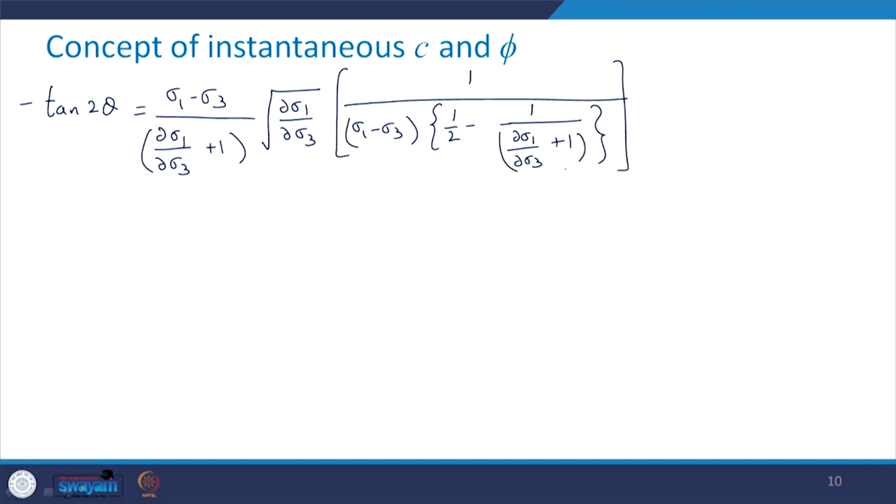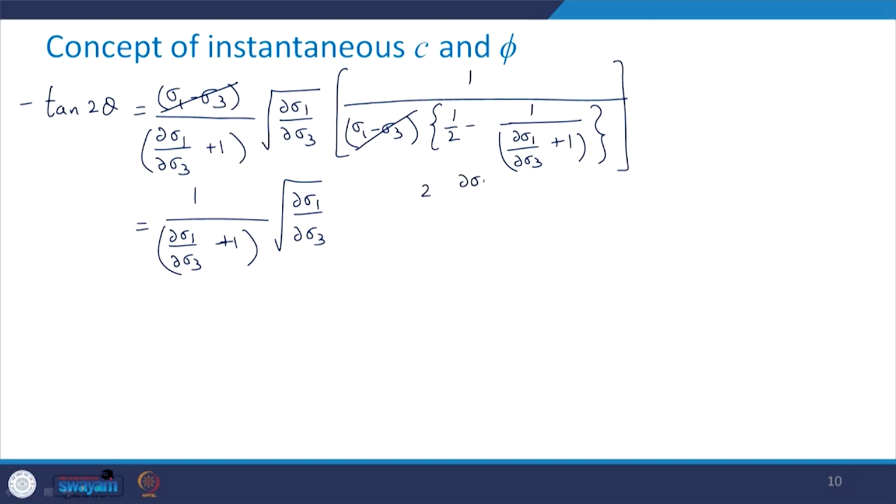So we are going to get this expression. So further you solve it. So what will happen? This sigma 1 minus sigma 3 will cancel with this, and if you further simplify this, what you are going to get is 1 upon del sigma 1 del sigma 3 plus 1 into square root of del sigma 1 del sigma 3, and this is 2 del sigma 1 del sigma 3 plus 1. This divided by del sigma 1 del sigma 3 plus 1 minus 2.